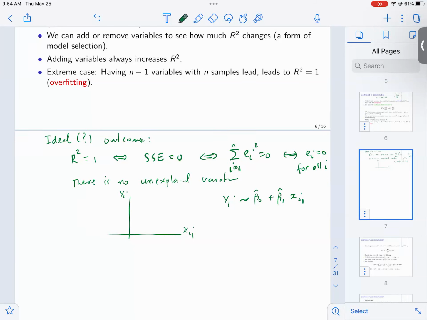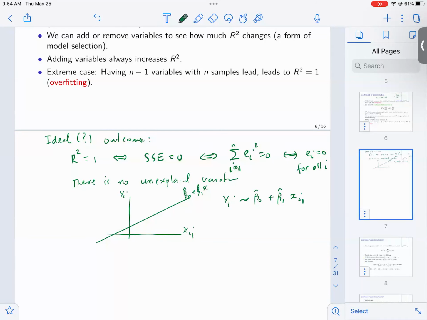So I regress y_i on x_i1, and I get these coefficients. So I can plot this line. This is beta hat 0 plus beta hat 1 x. That's my regression line or regression function.